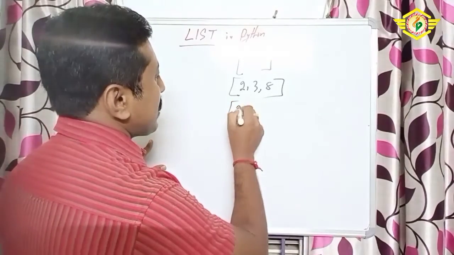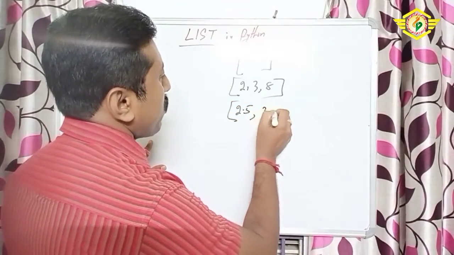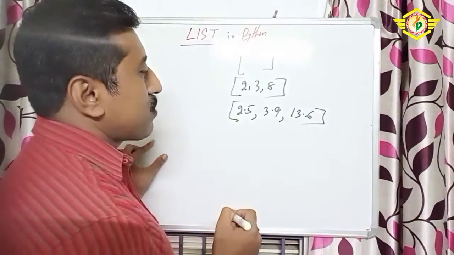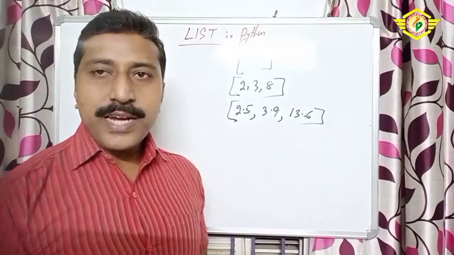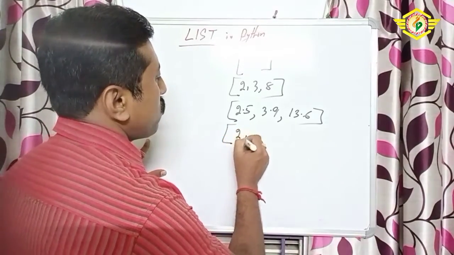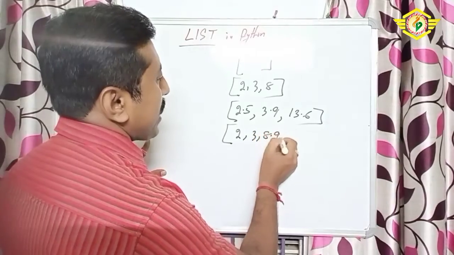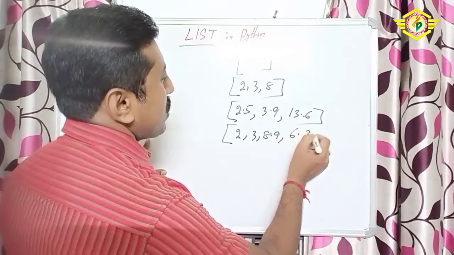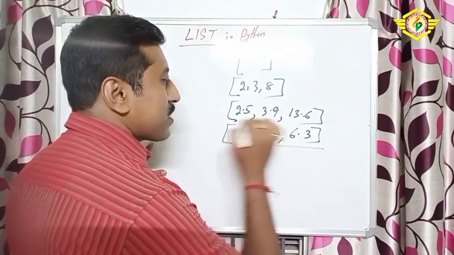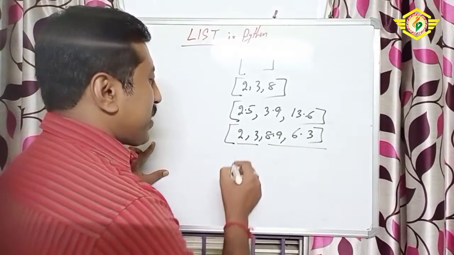If I write 2.5, 3.9, 13.6, it contains only floating type data. If I write within the square brackets 2, 3, 8.9, 6.3, it contains both integer as well as floating type data.